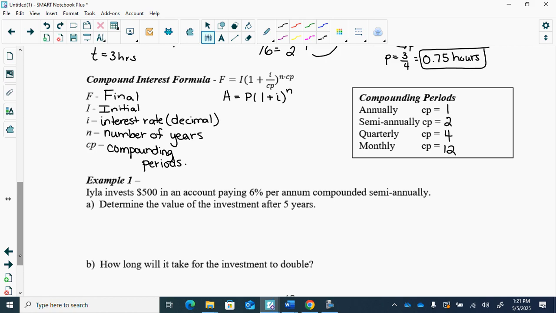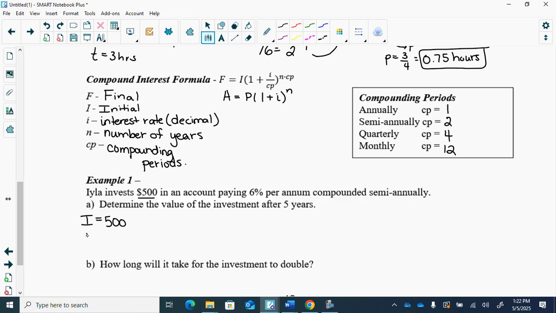Okay? So here we have Isla invests $500. My daughter is investing, if only she was so happy. $500. What letter is that? That's a lot. She invests $500 in an account paying 6% per annum. Per annum just means per year. It will always be per year. Don't let per annum throw you off.